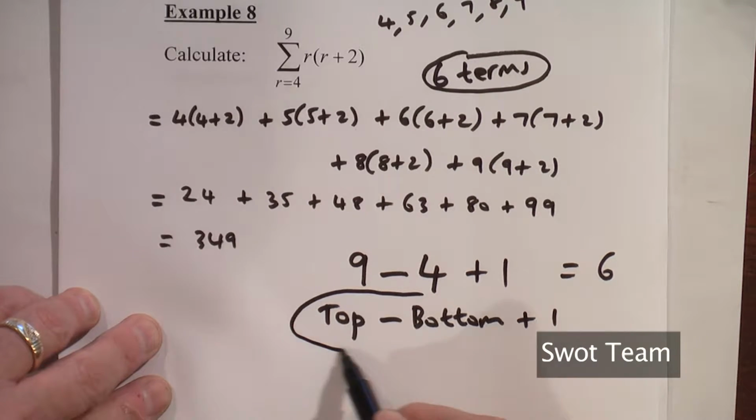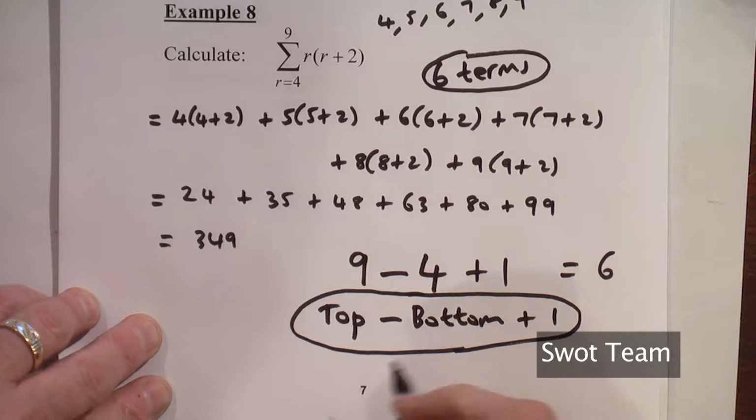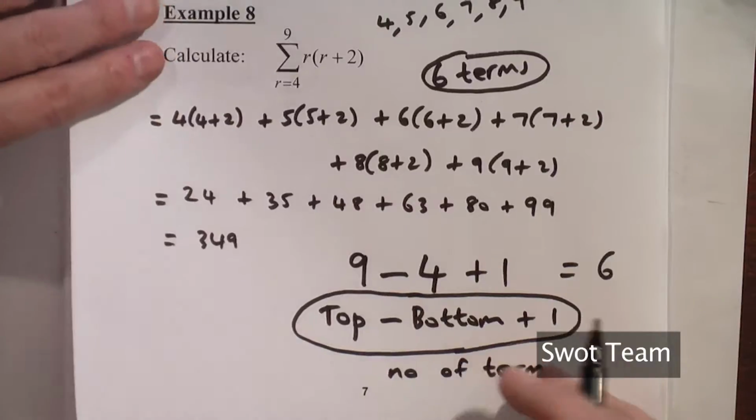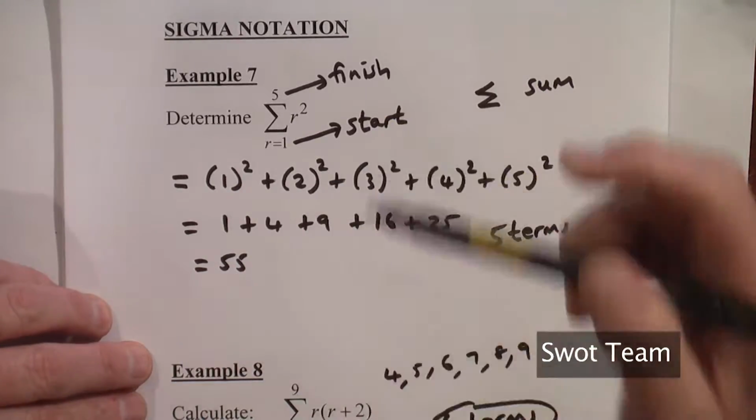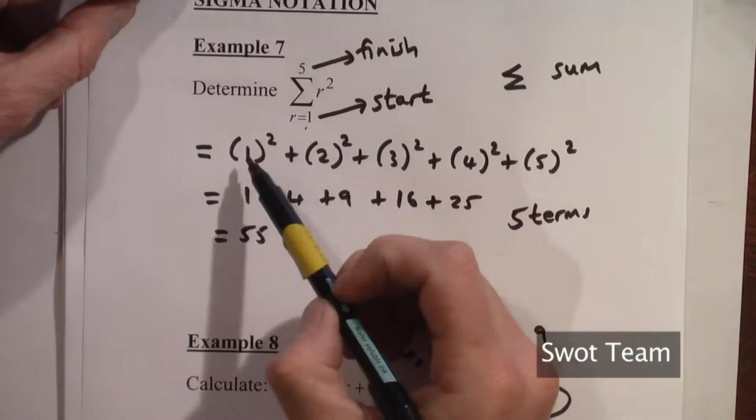So this little rule is very, very critical in finding the number of terms: top minus bottom plus 1. If you look at the previous example, 5 minus 1 plus 1 is 5. The trick is that if you start at 1, there will definitely be 5: 1, 2, 3, 4, 5.